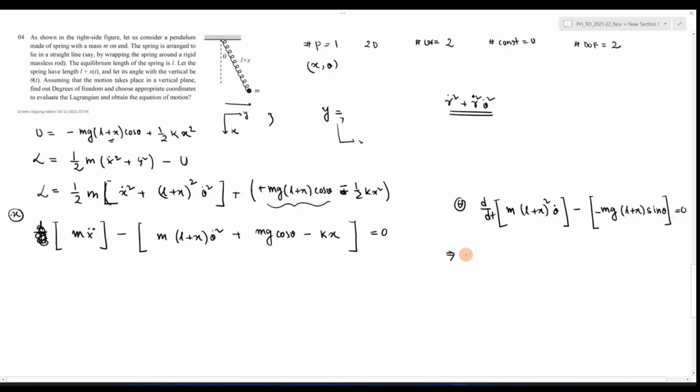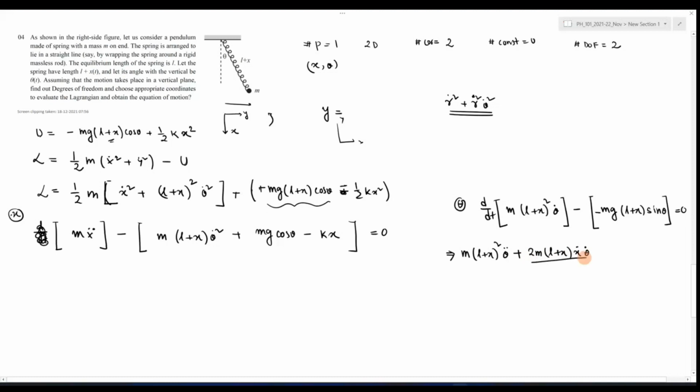Now this term also has x and theta, so you have to use the product rule. So it will become m (L plus x) whole square theta double dot plus 2m (L plus x) x dot theta dot.